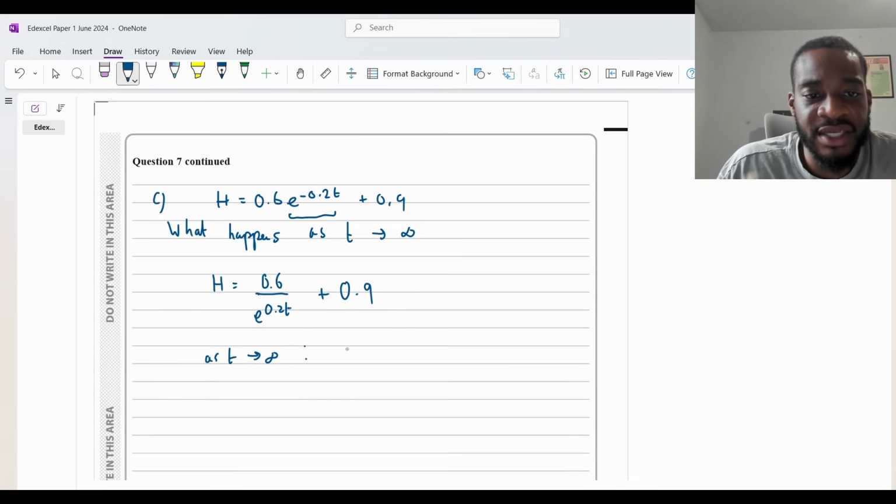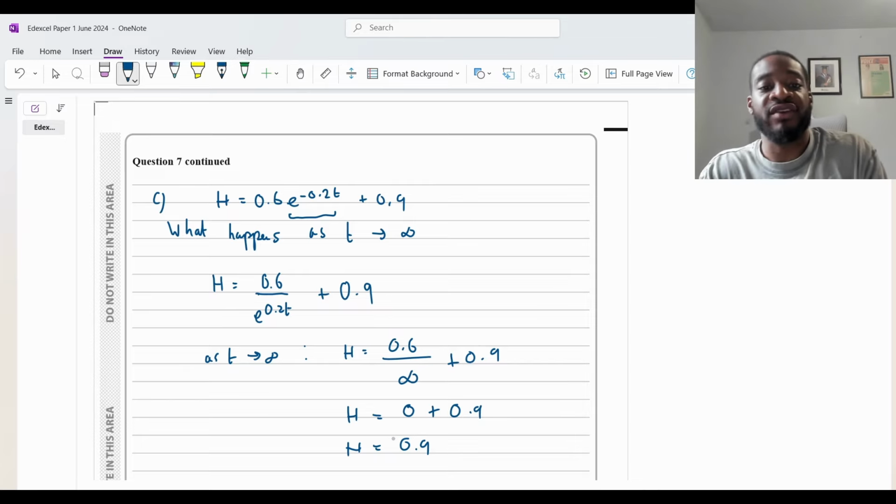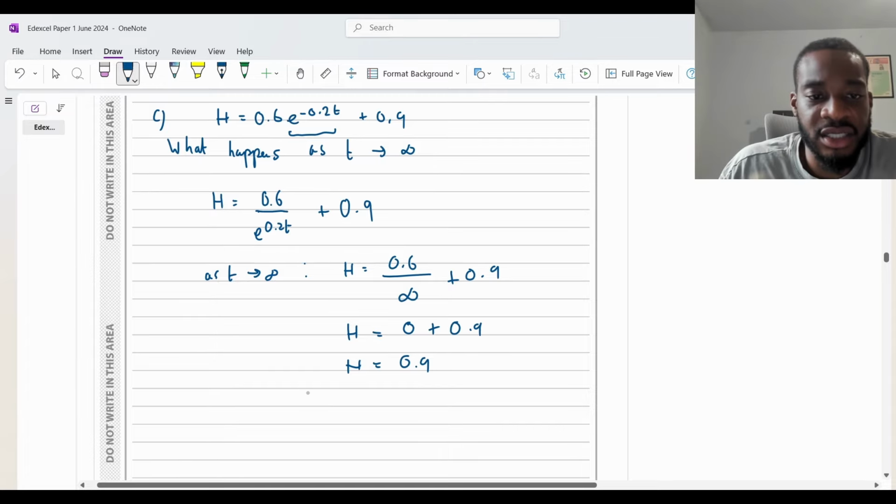So essentially h is equal to 0.6 over something which is going to tend to infinity, plus 0.9. 0.6 divided by a very, very big number is essentially 0. So h is just going to equal 0.9 as t gets really, really big. So your answer is h is equal to 0.9 meters.